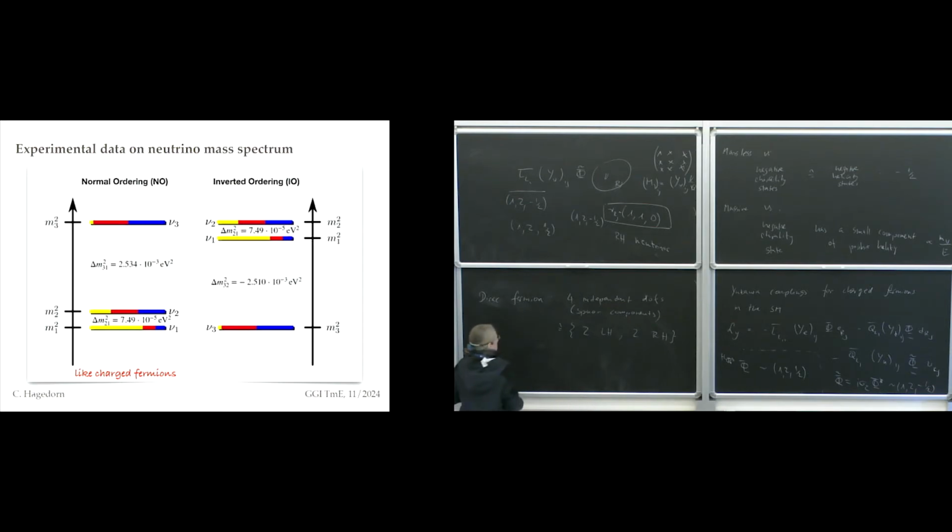So until now, we did exactly the same for the neutrinos as we did for the charged fermions. Until now, the neutrino would also be a Dirac particle: the nu left gives you 2 degrees of freedom, and the nu right contains also 2 independent degrees of freedom. Then you end up with 4.